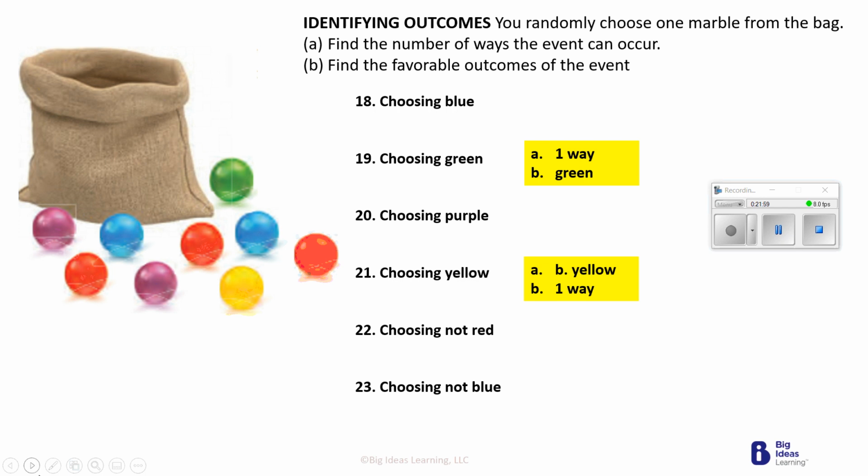So I'm going to correct this and say that this A should have been 1 way. And as you can see, it says B here, right? B should have been yellow, right? So A, 1 way. And B, yellow.